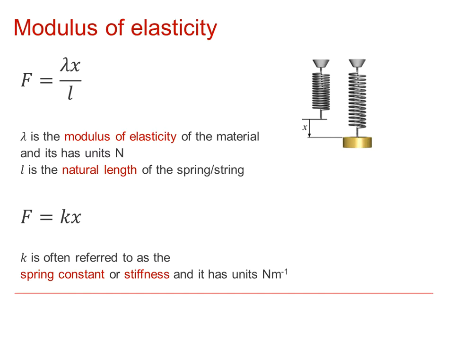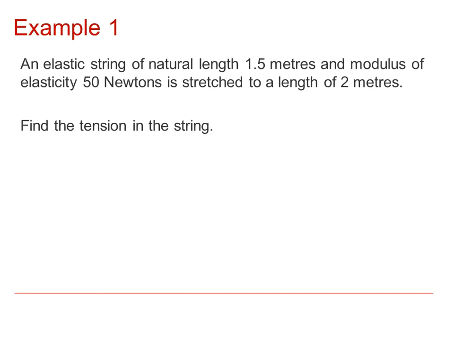I'm going to illustrate using these two formulae now with a few examples. In the first example we have a string of natural length L equal to 1.5. The modulus of elasticity, lambda, is equal to 50 newtons, and it is stretched to a length of 2 meters. So the extension x is equal to 2 minus 1.5, which is 0.5 meters.